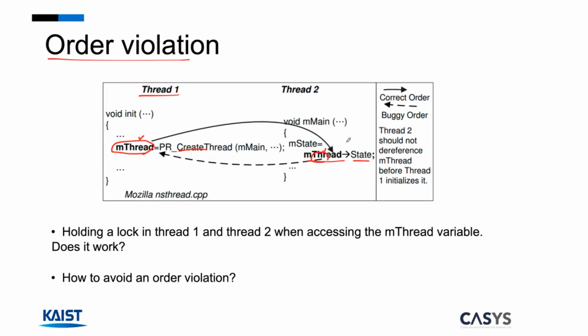So it has some value. The correct sequence of order is this one. However, there are some cases where thread 2 executes first and thread 1 executes later, so thread 2 runs before the thread is allocated, causing the violation.